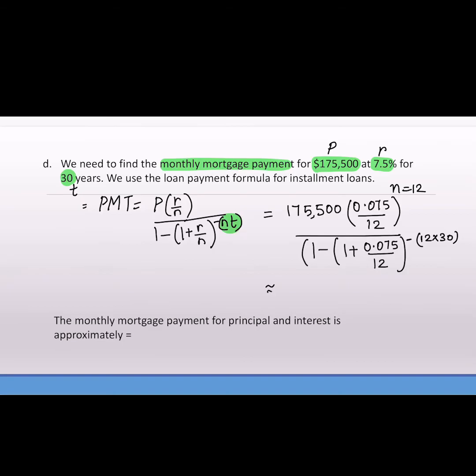So when I plug all of this in Desmos, I end up with approximately 1,227. So the final monthly mortgage payment that I come up with is 1,227. That's how much I pay every month for 30 years.